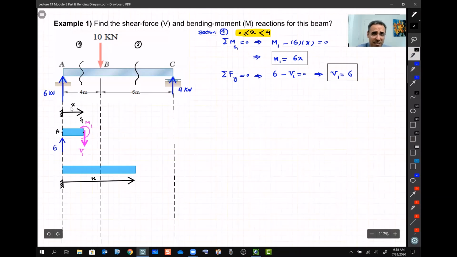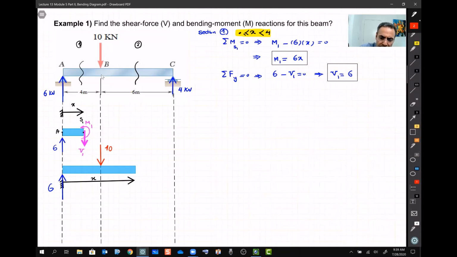Because when we say x, it's a parameter. It doesn't matter if it is 3 meter, 4 meter, 6 meter, and so on. So let's see what we have here. We have this load 6 here. Also, we notice that we have this 10 here, exactly over there. So that's 10. And then we have the internal loads.